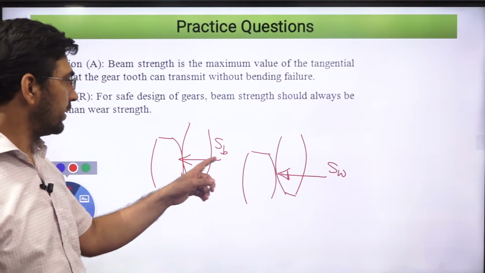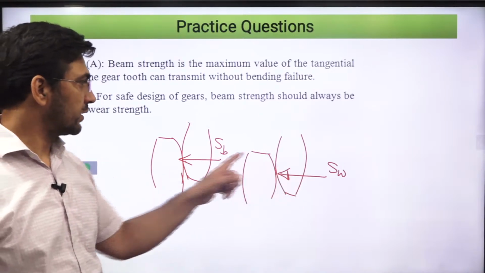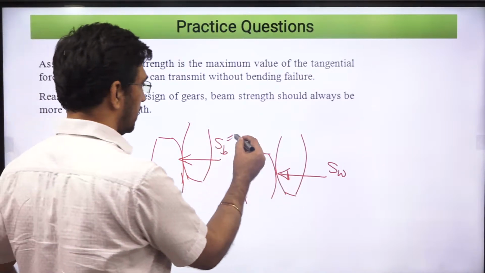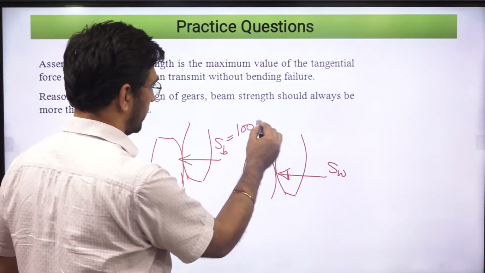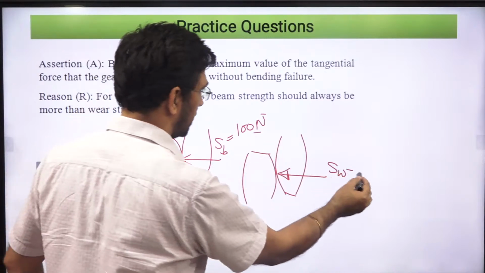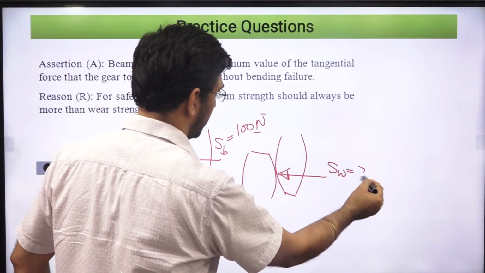What am I writing over here? Beam strength, wear strength. Beam strength, you said 100 Newton. This you said 70 Newton.